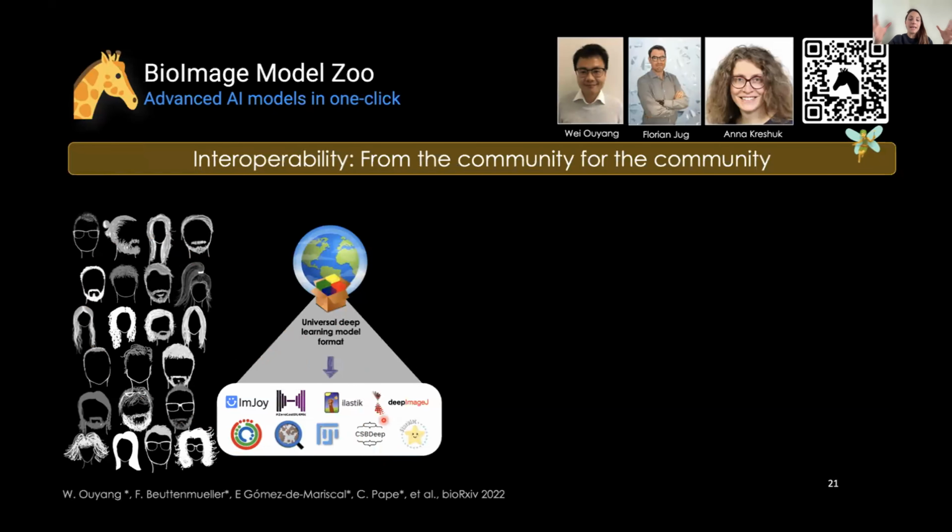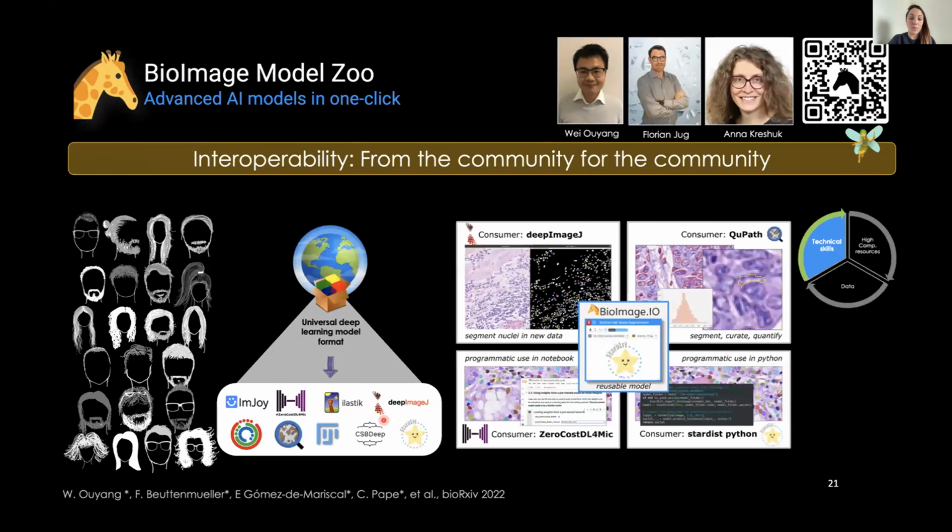And what we want is a format that is able to run on all these software in the same way. So basically, the StarDist model that Jenny, for example, was showing to you, to segment cells, you can run it in Fiji, you can run it in QuPath, you can use it in the notebooks, you can use it in StarDist and so on. So we want models that are interoperable so you can benefit from the features of all these software and choose the one you want and not be limited by the model itself.